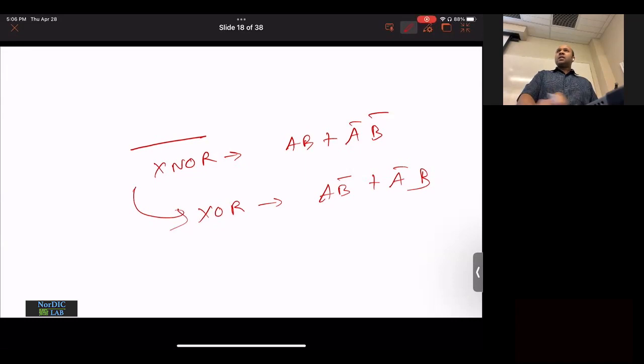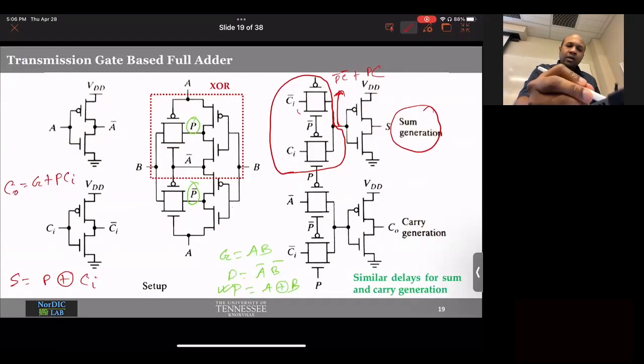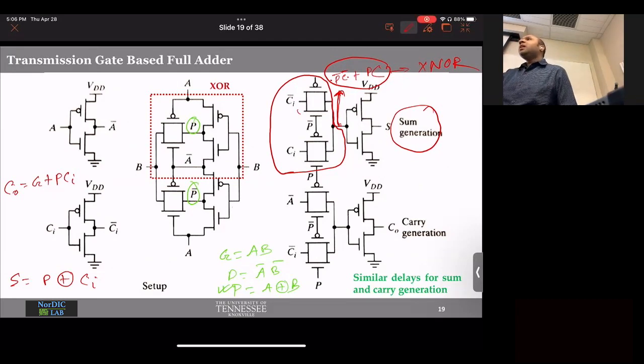Am I making sense? So here, are you getting XOR or XNOR? No, XNOR. You're getting XNOR at this node: P bar C bar plus PC, XNOR between P and C. C is carry in, by the way. How can I get XOR?